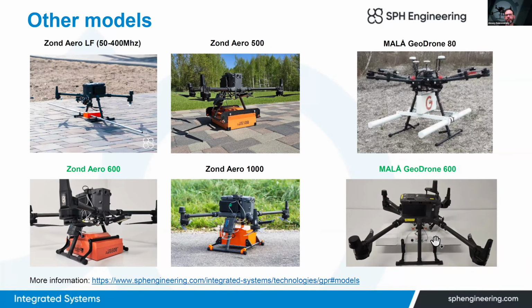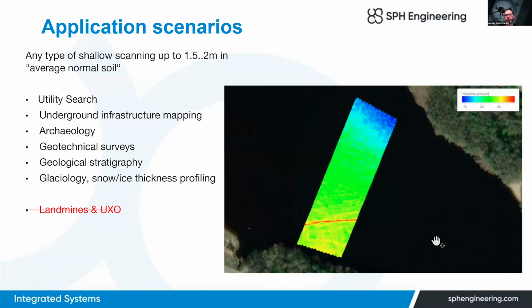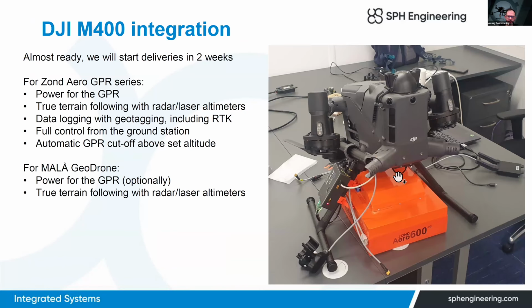For previous models, M300, M350, and also for DJI M400, even if you are not our direct customer, if you order MALÅ GeoDrone from MALÅ or a MALÅ reseller directly, you can drop us a message and we will provide 3D models of the mountings for free.